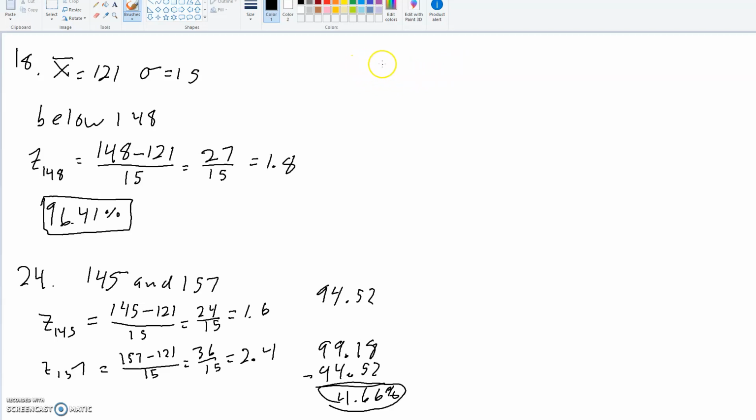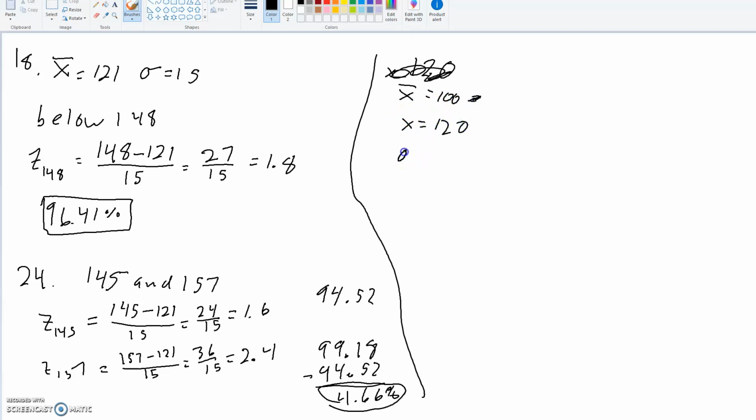If we have an IQ, which is normally distributed, and let's say we have a mean of 100, and then we have a data point 120, and a sigma of, let's say, 20. Then we'd see the z-score here is 120 minus 100 over 20, which is 1. Now, if a person took an IQ test, and let's say the x-bar for that one is 100, but the sigma for that is instead 10.